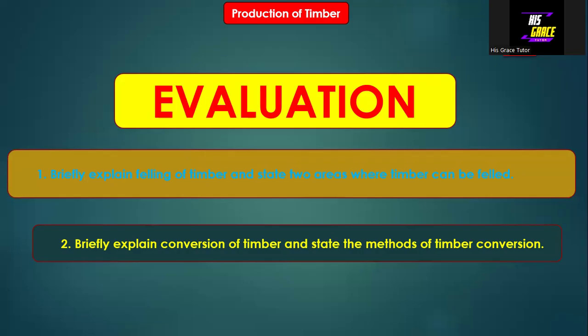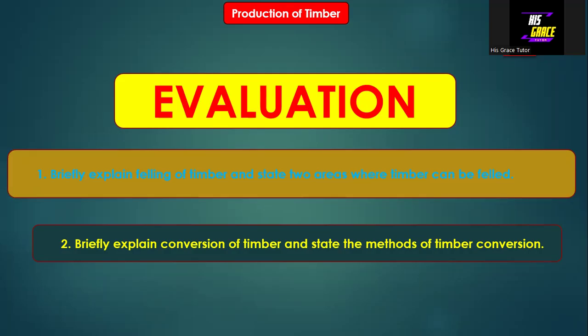As I said, the felling of timber is the process of cutting down mature trees for timber production. And there are 2 places where the cutting of timber can be done: the first one is forest reserve area, and the second one is free area.